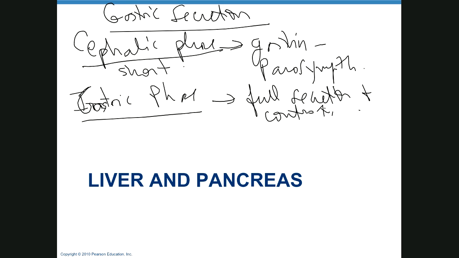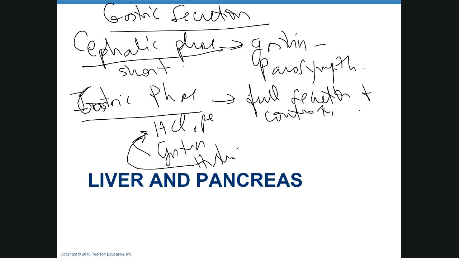At this point, everything is being secreted: hydrochloric acid, gastrin, which in turn helps in the secretion of hydrochloric acid, histamine, which again helps in secretion of hydrochloric acid. Pepsin is being secreted. Intrinsic factor. So the full work of the stomach is taking place during the gastric phase. This is a very long phase, and it is stopped when a small bolus of chyme, a small aliquot of the content, is sent to the small intestine, and then we have the intestinal phase.